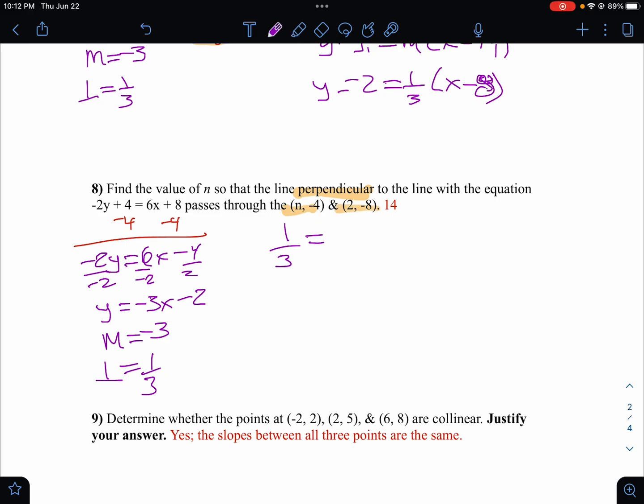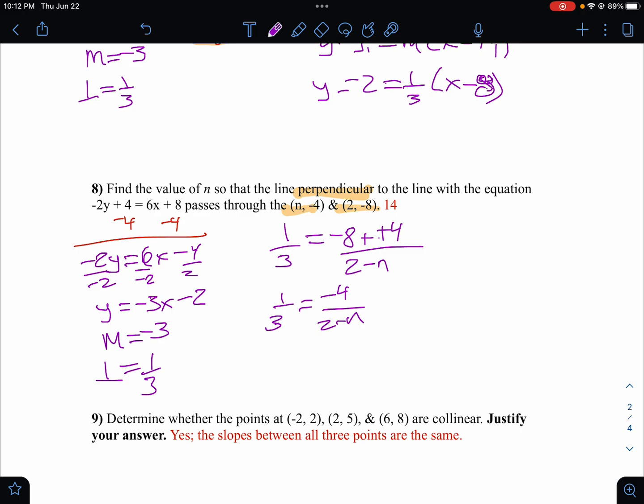Remember, subtract your y's first. We're going to say negative 8 minus a negative 4 all over 2 minus n. And we'll simplify that a little bit. So you get 1/3 equals negative 8 plus negative 4, which is negative 4, and then all over 2 minus n.